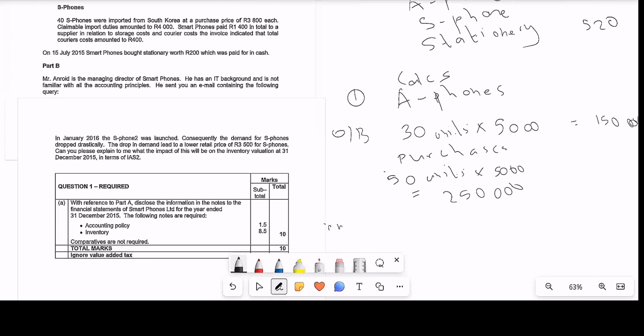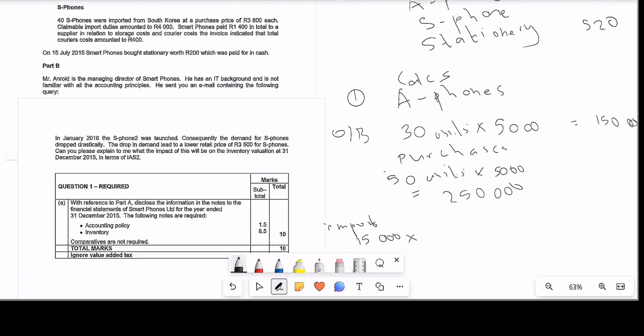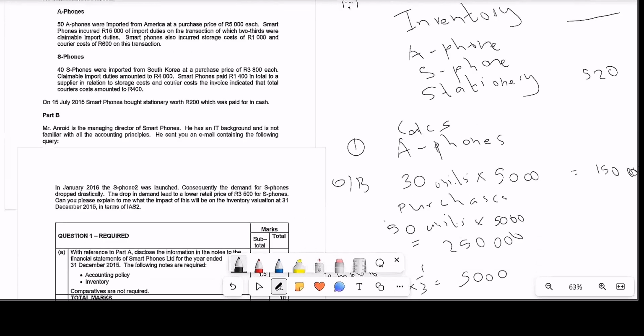I'm gonna say imports, but they said 2/3 are claimable, so we're only gonna incur 1/3, which is gonna give us 5,000. Because remember, the ones that are claimable, they are not money back.